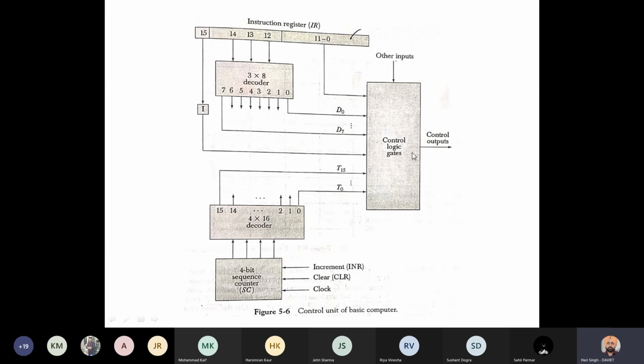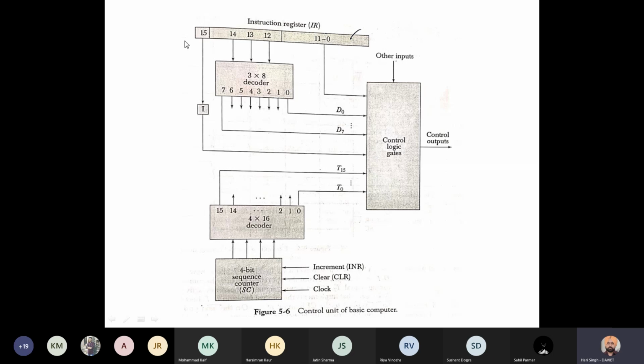The instruction to be executed by the CPU, that instruction code, is placed in the 16-bit instruction register. The size of the instruction register can vary from microprocessor to microprocessor. In this particular discussion, an example of a 16-bit processor is being considered. So the instruction register is a 16-bit register.